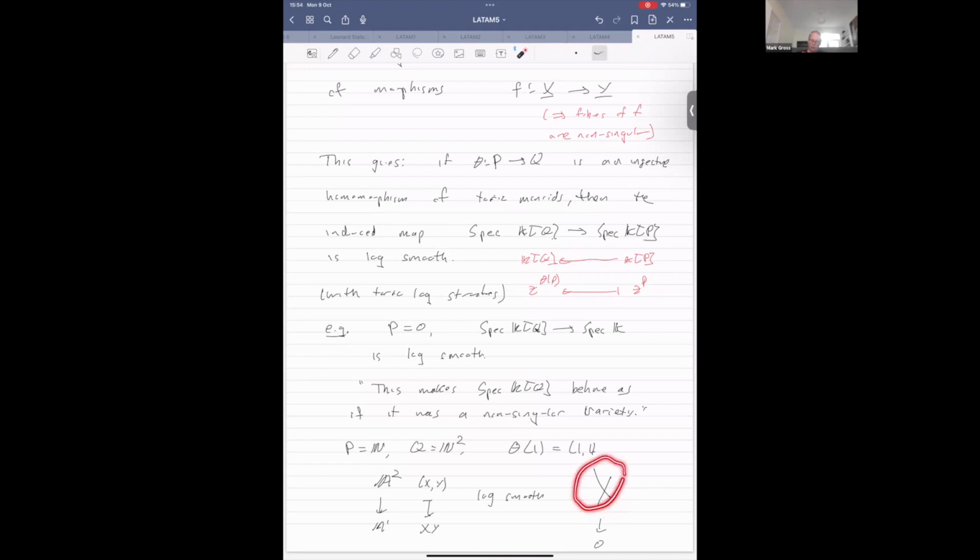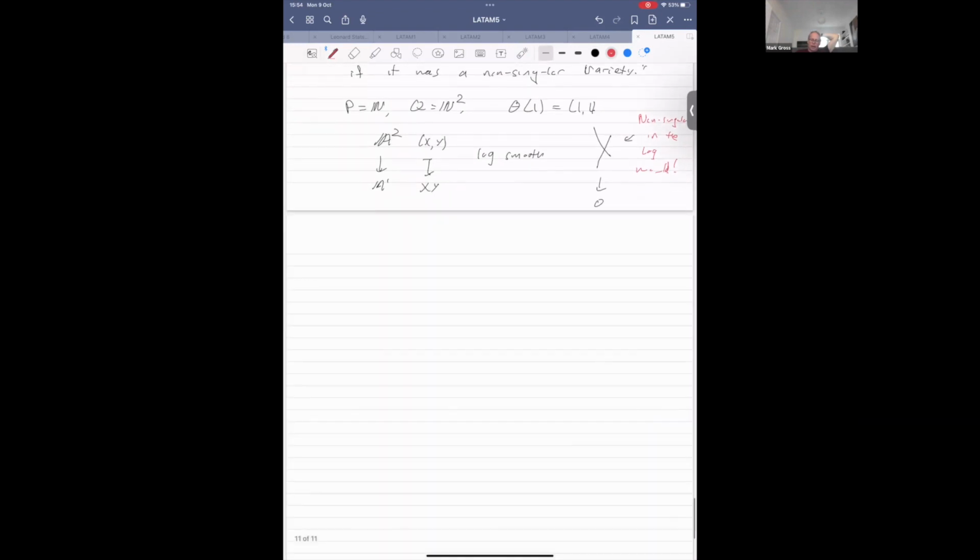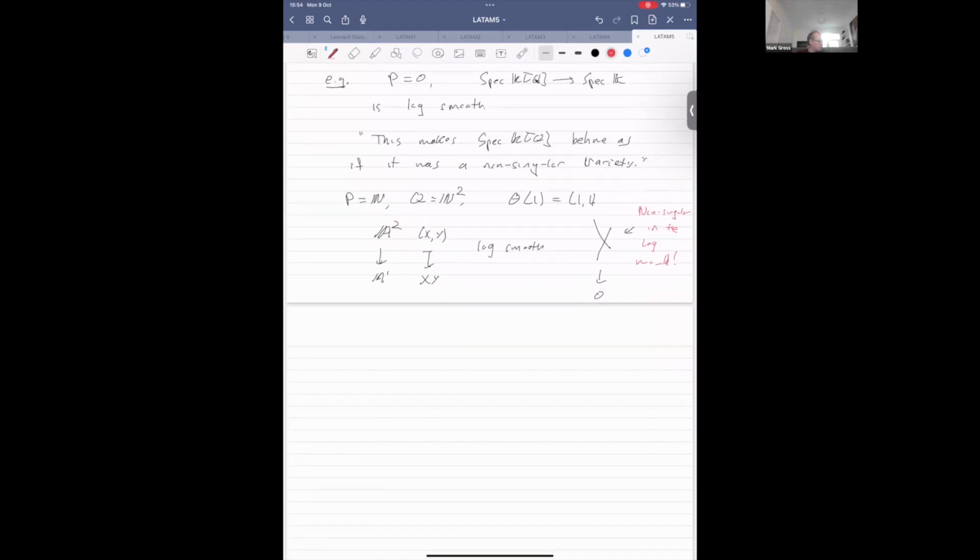So this gadget here can now be viewed as non-singular also, in the log world. This is probably one of the most powerful aspects of log geometry, it allows us to treat many singular objects as actually being smooth.